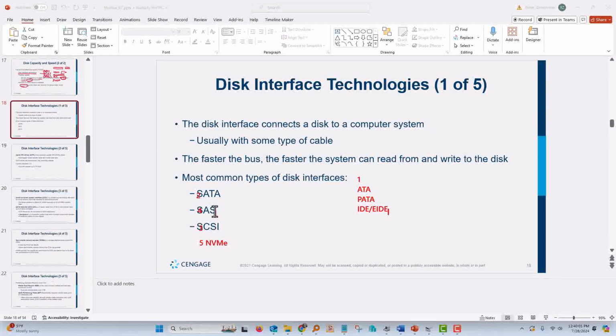SAS drives are very common in servers, and in fact particularly common where you have a whole mass of drives lined up in a server that you can remove and put back in. We call them hot swappable. You can take a drive out and put another drive in its place while the server's running. And we'll see an interesting idea about that again on the next slide. And then the NVMe we'll see on a future slide in just a few moments.